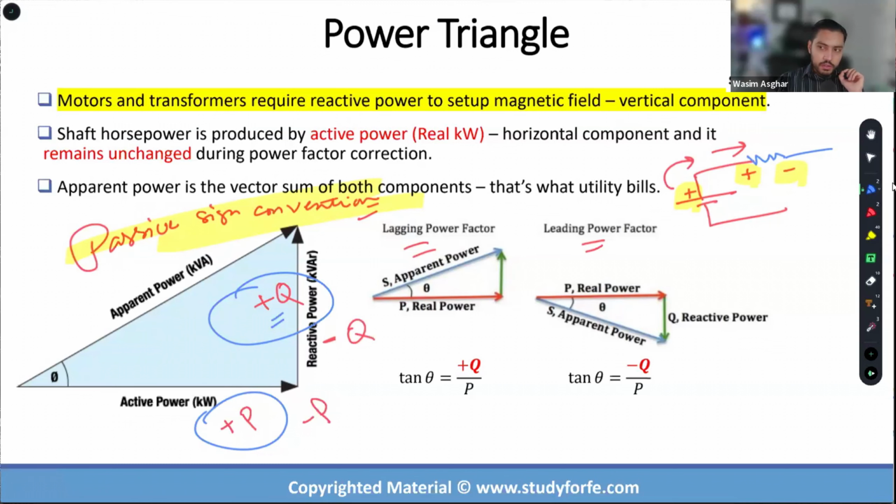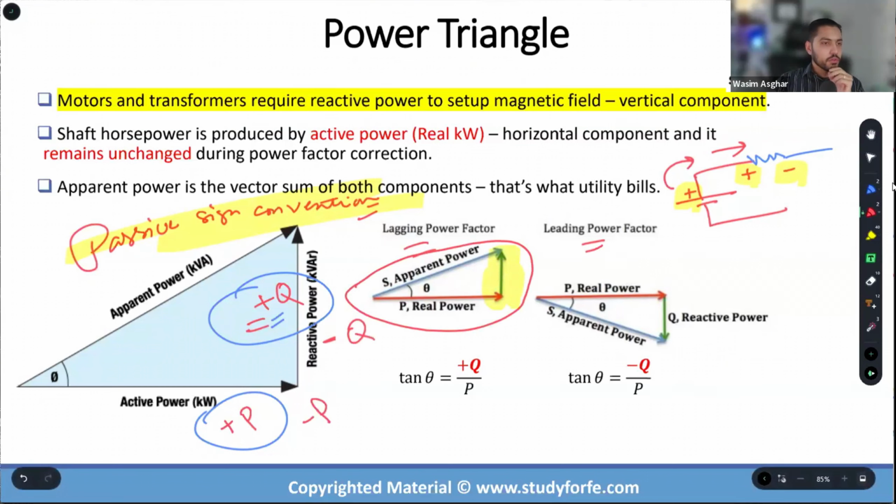But check this out. If I am presenting a power triangle, and for the imaginary component, which is the y-axis, the reactive power Q, if it is pointing upwards, and we just discussed that positive Q means that we have a sink, a load, we are consuming the reactive power.